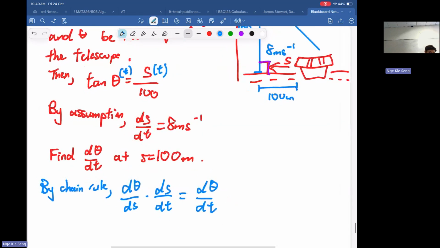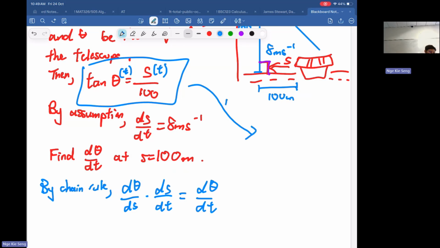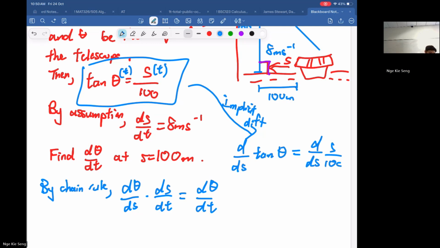So can you find what is d theta/ds? You can't really write theta in terms of s, right? But we learned that we can use implicit differentiation to do it. What we're going to do is differentiate with respect to s on both sides. So differentiate tangent theta with respect to s. Do you still remember what you get here?